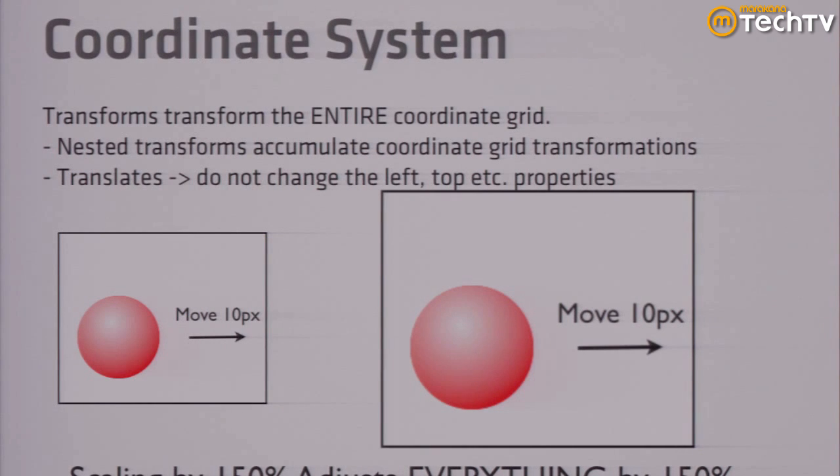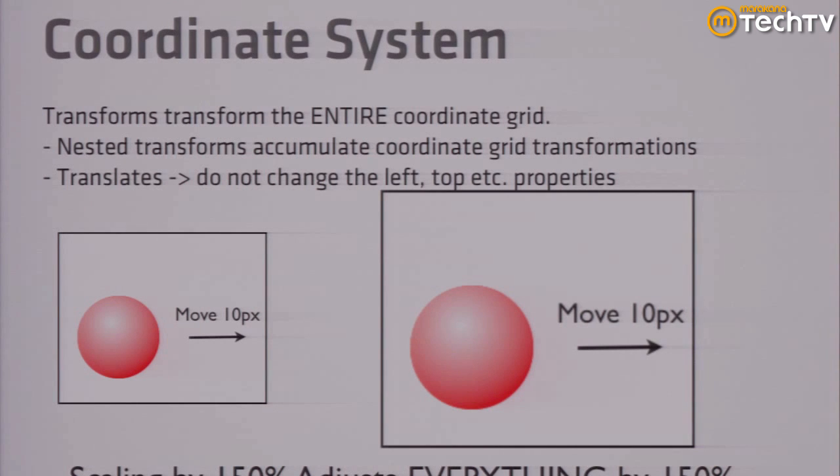It's going to move by 15 pixels. This makes it really difficult to keep track of where everything is when you're doing a CSS animation, particularly if you're doing custom transform origins. If you're wondering why your stuff is not where it's supposed to be anymore, it's probably because you haven't taken into account the fact that these scalings accumulate.